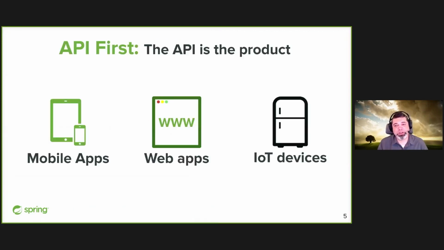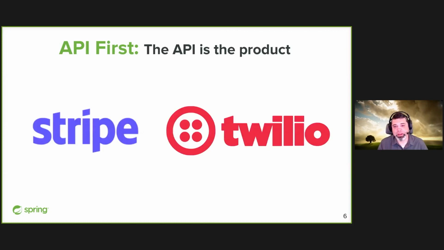Today, customers can interact with your APIs in various ways, whether that's mobile apps, web apps, or IoT devices. In some cases, companies like Stripe, which is a payments API company, or Twilio, which is an API for text messaging, literally have the API as the product, but not in all cases.